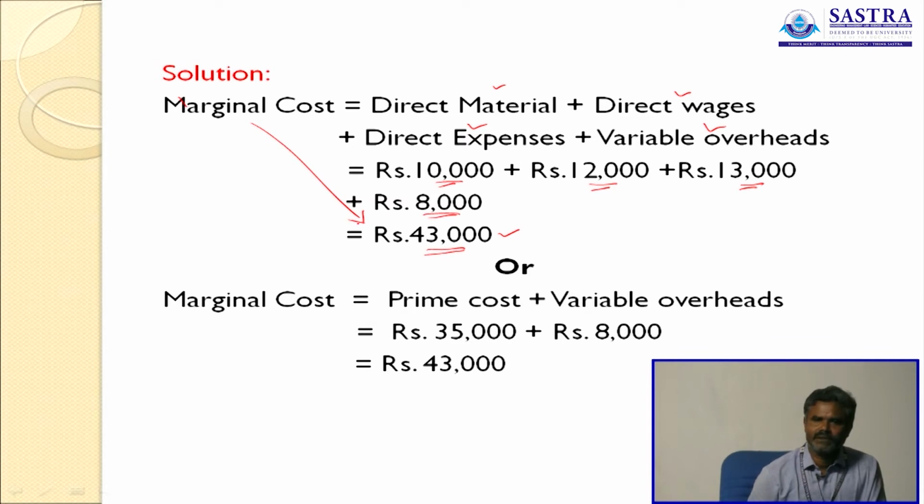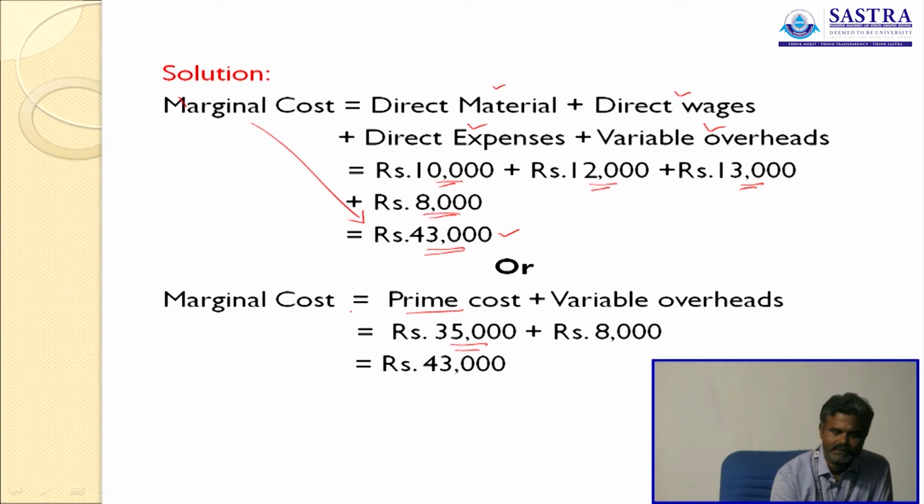Or, as I already told you, you can use one more formula for computation of marginal cost. The formula is prime cost plus variable overheads. The prime cost is 35,000. How is this 35,000 arrived at?